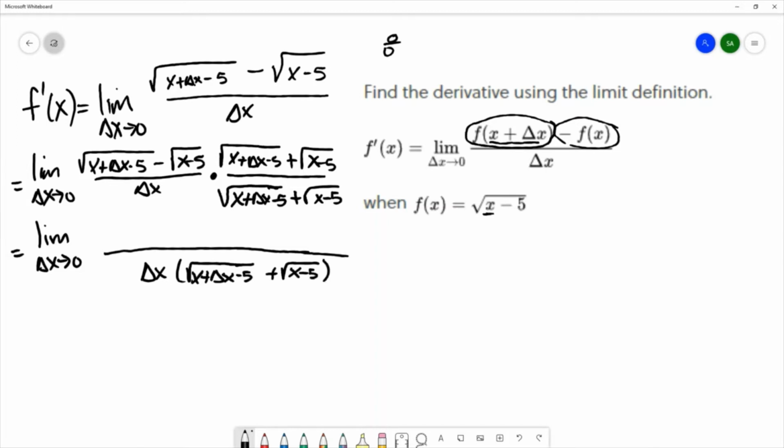But in the numerator, I want to multiply out those two binomials. So when I multiply, I would multiply this square root by the square root first. And because they're exactly the same square root, it's going to simplify to be what's underneath the radical.